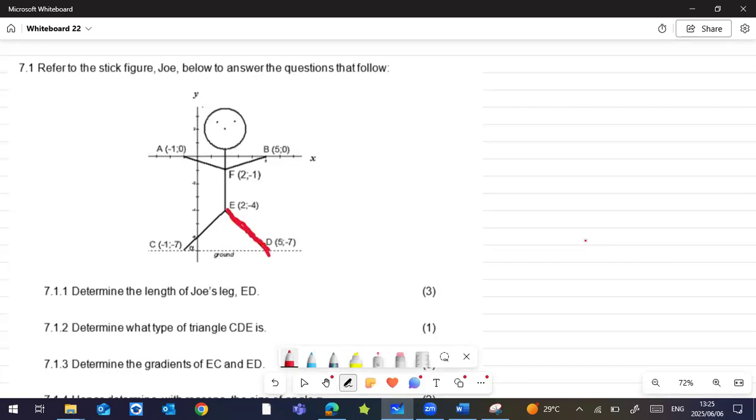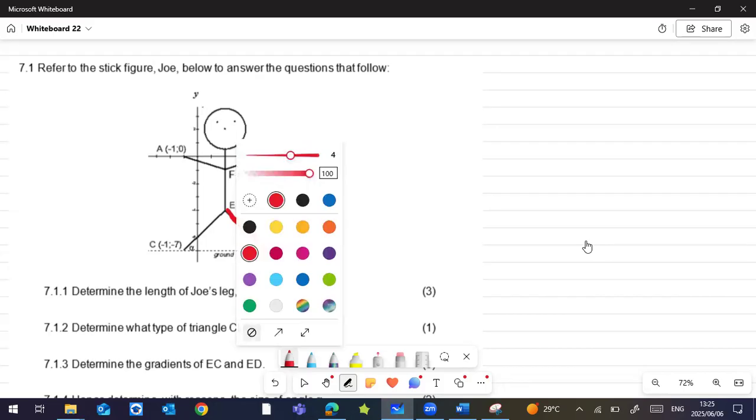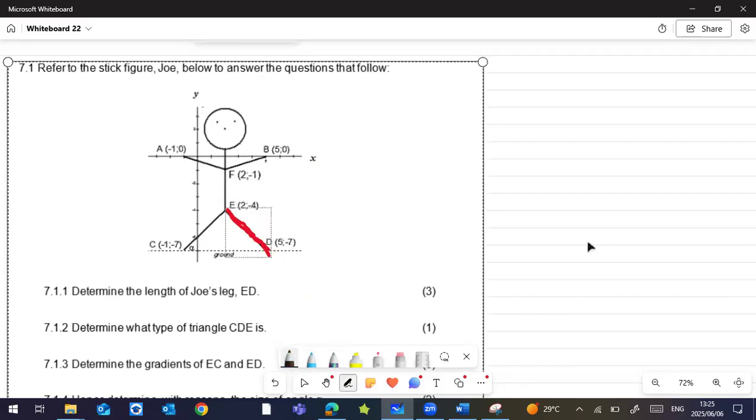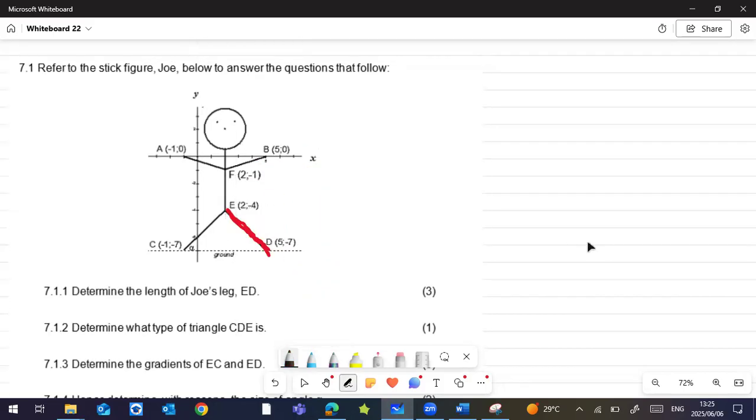We want the distance from E to D. Using coordinates, I can say this is my x1, y1, and I can name these ones my x2, y2, using the distance formula. We want the length of ED, 7.1.1, using the distance formula.